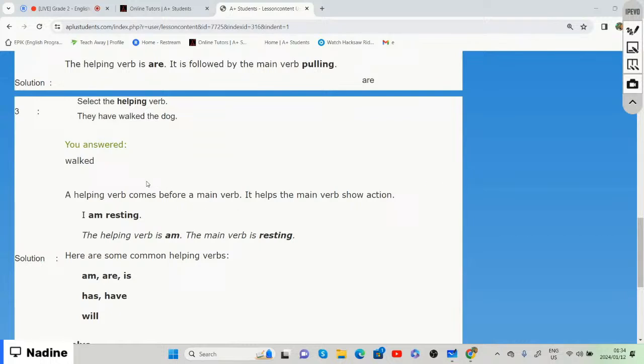They have walked the dog. We need to select the helping verb within the sentence.